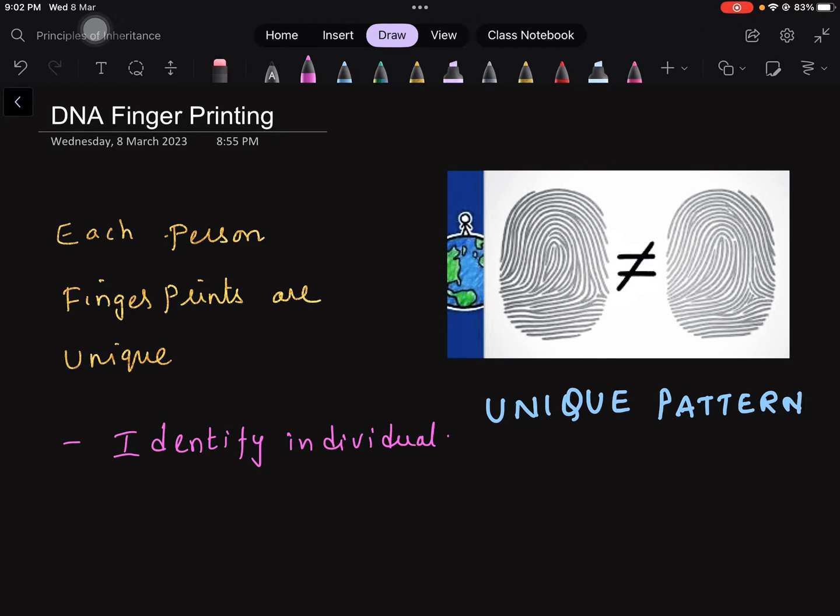And we came to know that on this globe, no two people will have the same fingerprint. Sorry, not the DNA fingerprint, the same fingerprint.